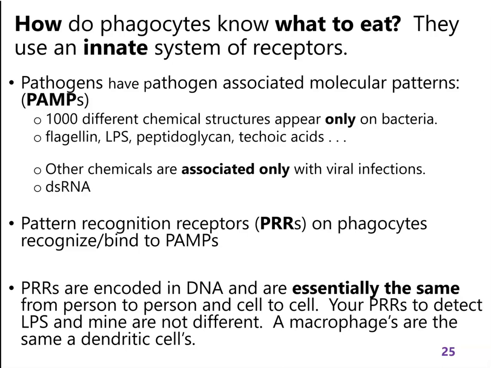And yours are the same as mine. And macrophages are the same as the dendritic cells. They don't change over time. You have them the day you're born, and they're the same for the rest of your life. So they are fully innate, fully encoded in your DNA, the same way they are encoded in mine.